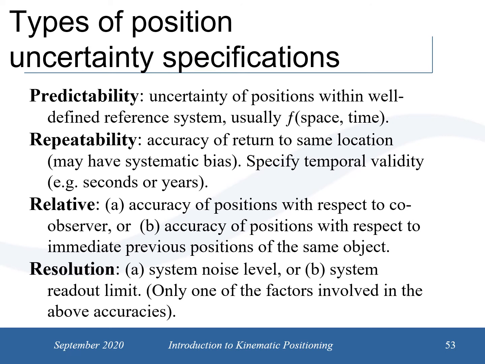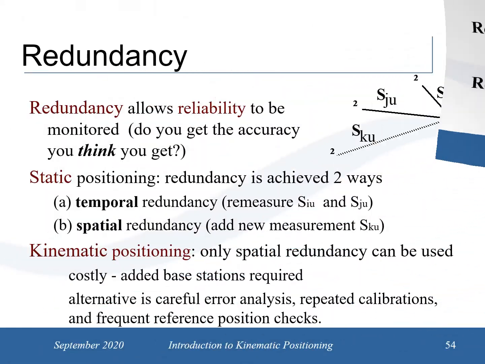And finally, resolution can be the system noise level and the system readout limit. So the resolution would be a limit for the accuracy. In kinematic positioning, we are limited in terms of redundancy.